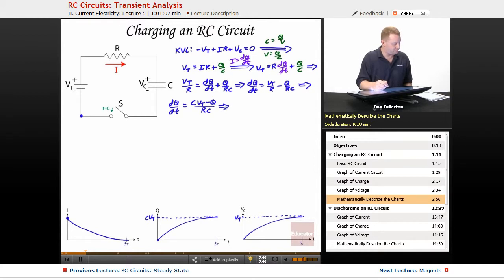And now getting those variables separated, I have dQ over (C V_T minus Q) must equal dt over RC.